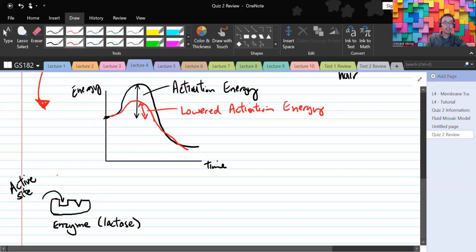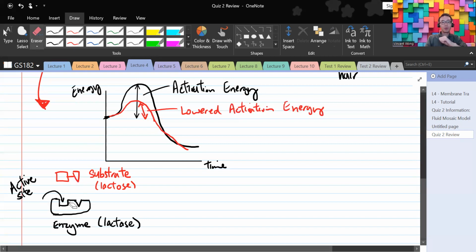Okay, so let's say you have your substrate here. This would be lactose, for example. And so lactase is the enzyme that breaks down lactose. And of course, the shape of the substrate has to be complementary to the shape of the active site. Otherwise, it's not going to be able to fit in, right?